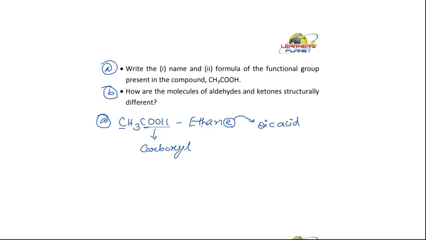So what would be its name? Its name would be ethanoic acid, right? What is its common name? It is acetic acid. Okay? So this is the way how we do.